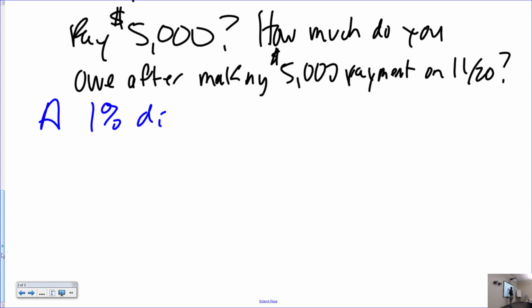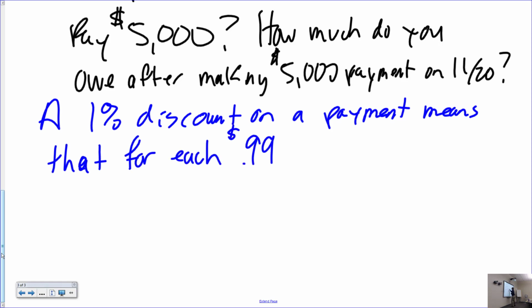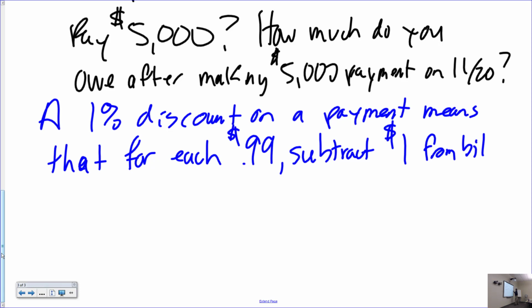A 1% discount on a payment means that for each 99 cents, subtract $1 from the bill. And so you guys just have to tell me, how do I divide $5,000 into 99-cent piles?